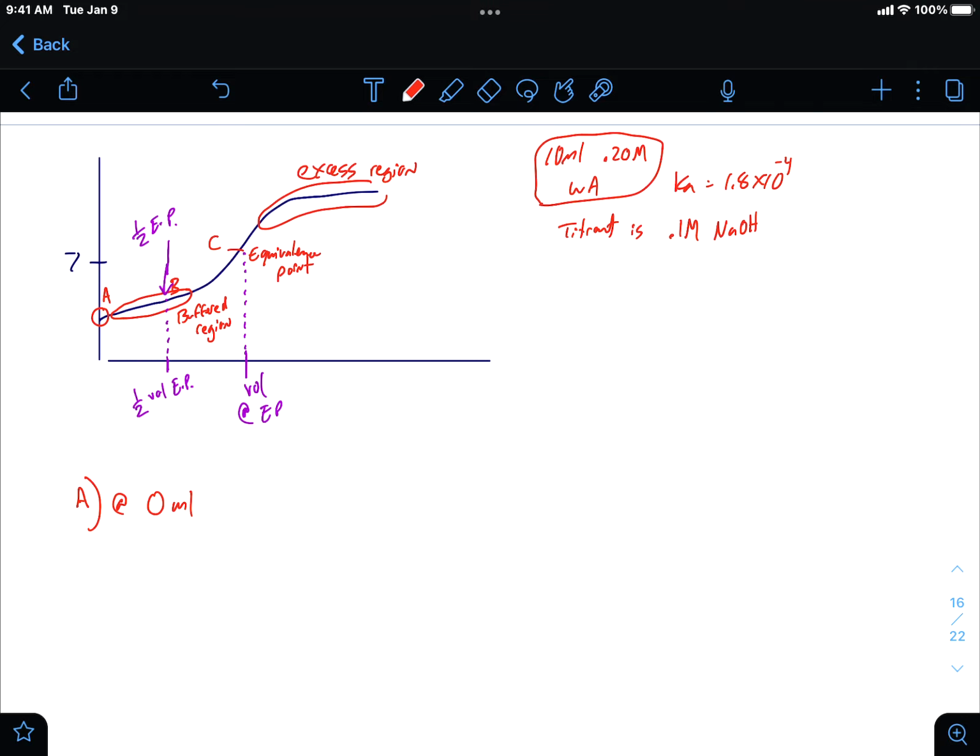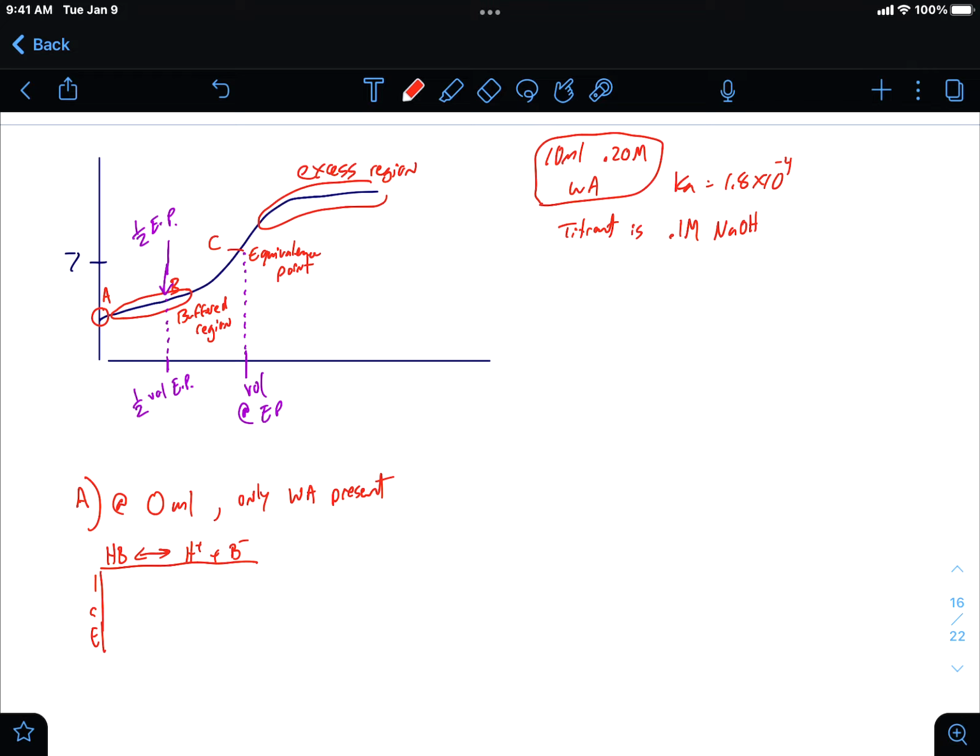So at point A, there's no titrant added, right? So that means the only thing present is weak acid. Since there's only weak acid present, this is simply a weak acid equilibrium problem. Okay, so HB, H plus, B minus.